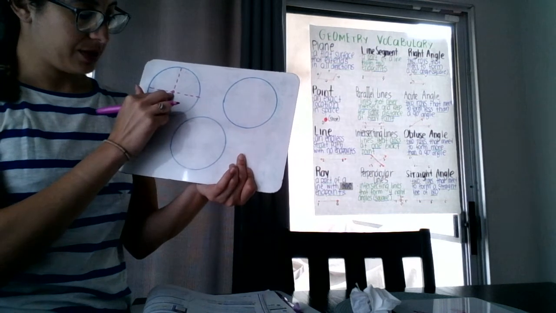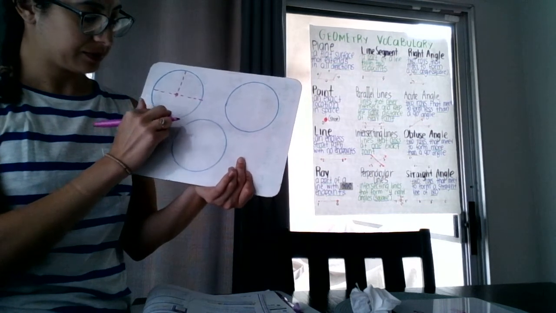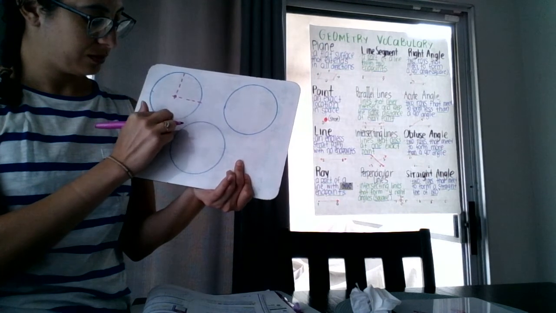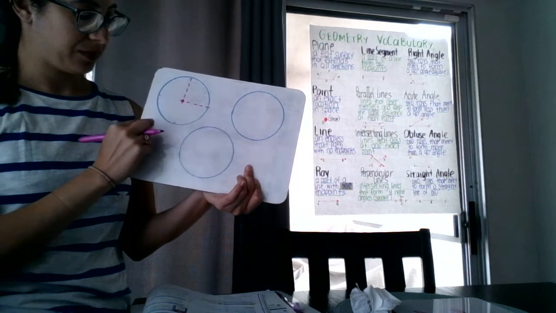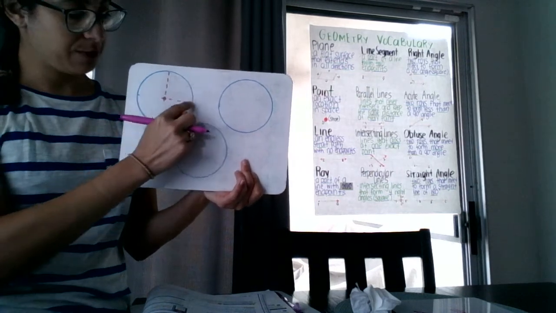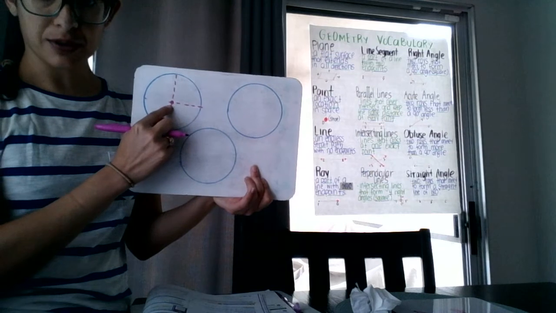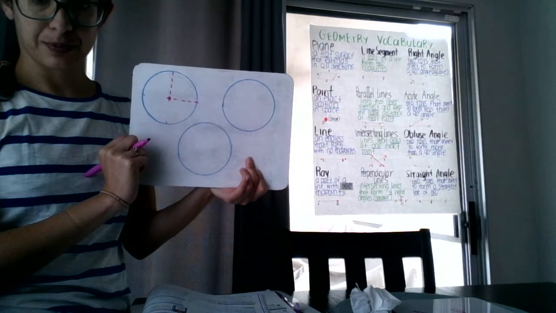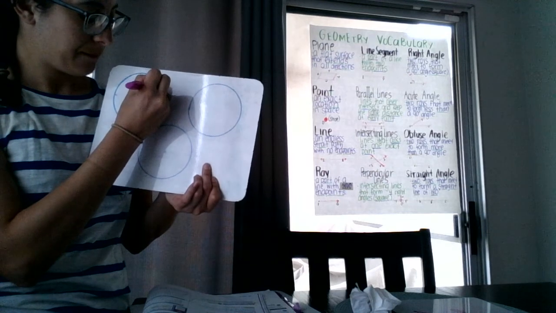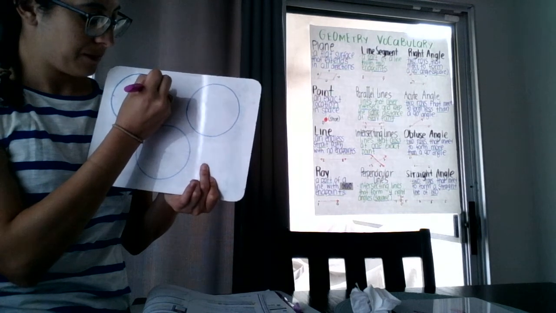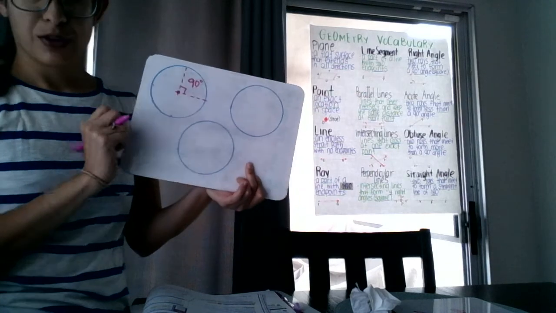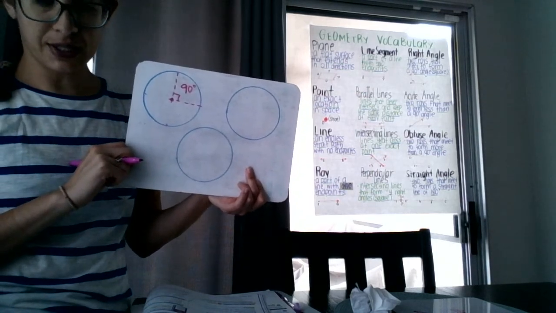Now, I'm going to erase this right here. Okay. So if I'm looking at 1/4 of the circle, what kind of angle does that form? It's a square angle, right? So it's 90 degrees.